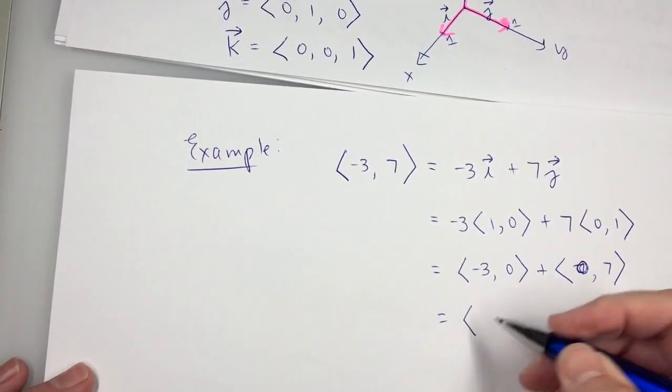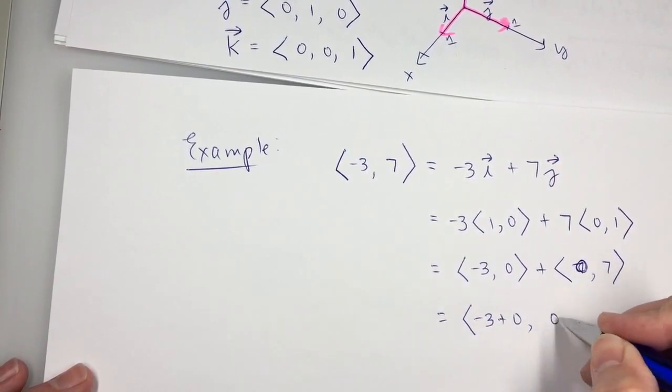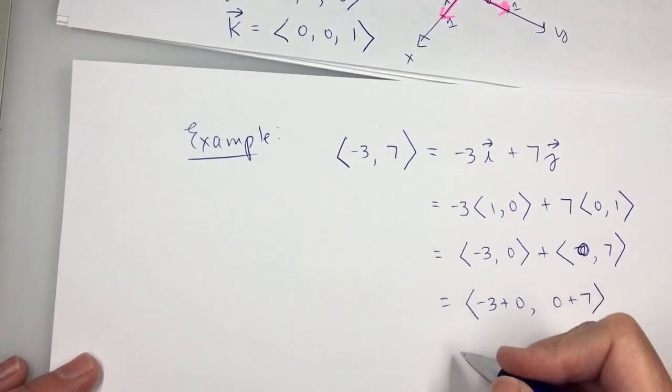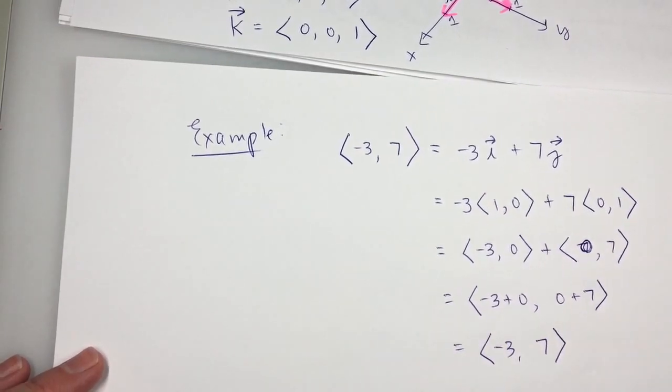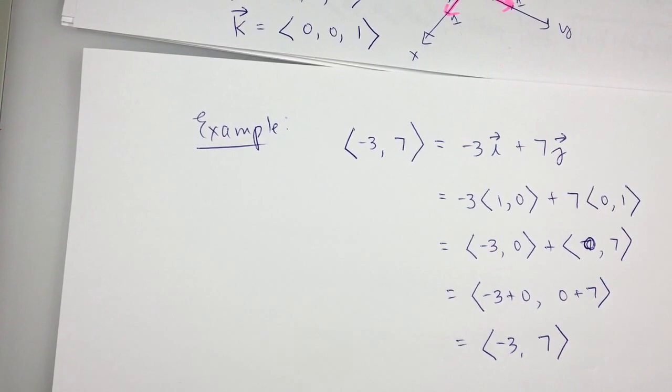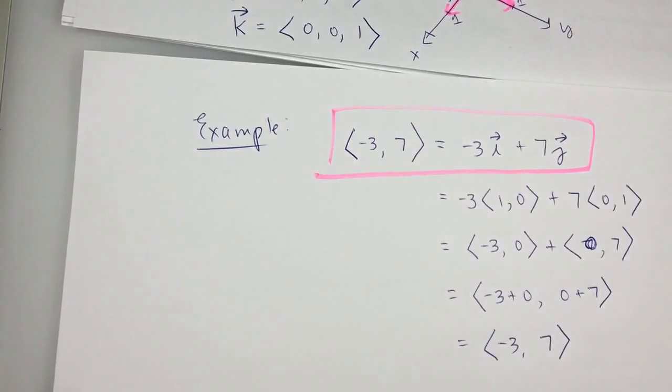I can just add the corresponding components, negative 3 plus 0 and 0 plus 7. And I get vector <-3, 7>. It almost feels a little silly to have done that, but just kind of showing that you can write the vectors either way.